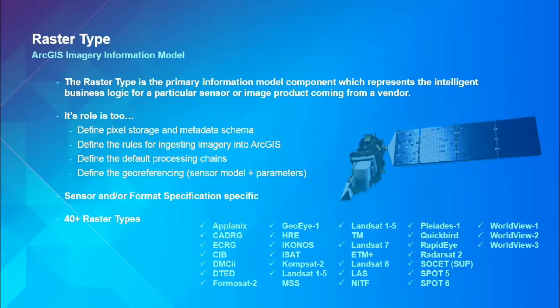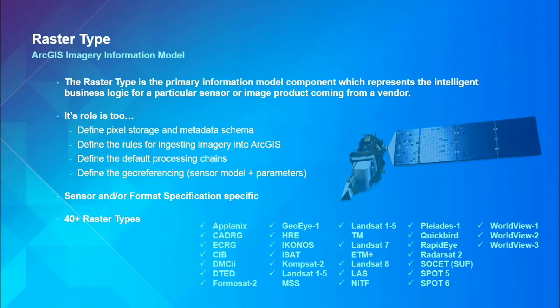It's very sensor specific, and it's smart enough to dig into that specific metadata and come up with a bunch of business logic that's relevant for that sensor, right? Because the business logic for a radar image is different from the business logic for a multispectral image, okay?